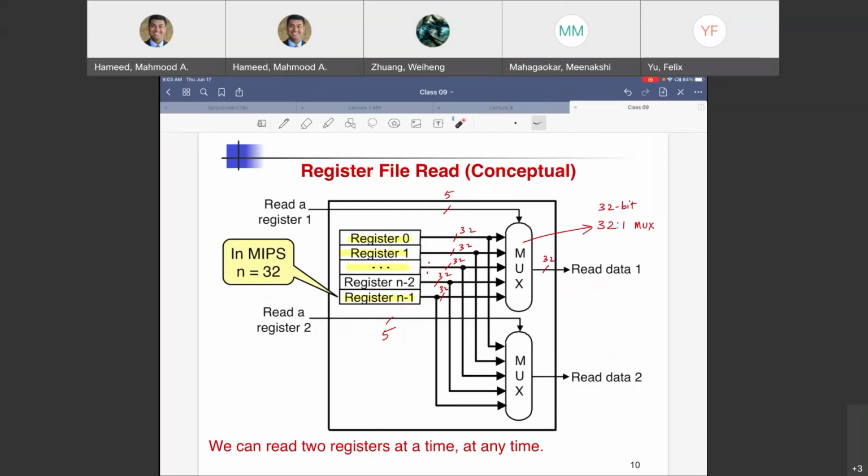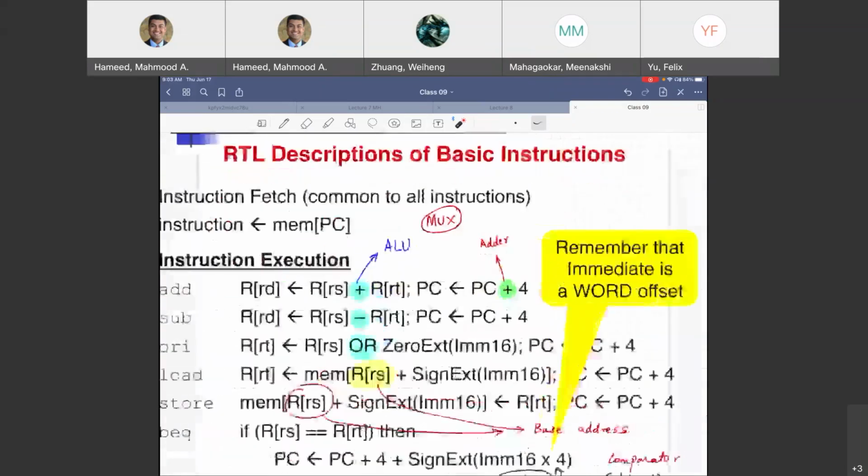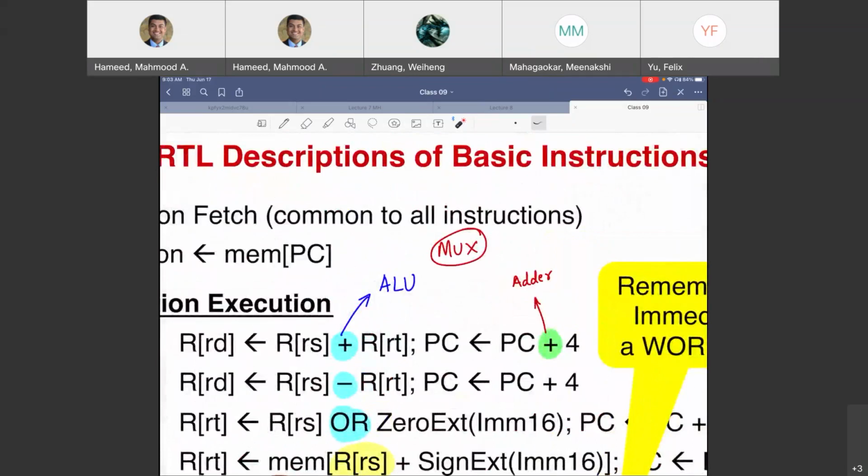Oh, you bring up a good point. I wanted to talk about that over here. In this, I wanted an ALU here to execute these instructions, and I wanted an adder over here. Why couldn't I use just the ALU to do this too?